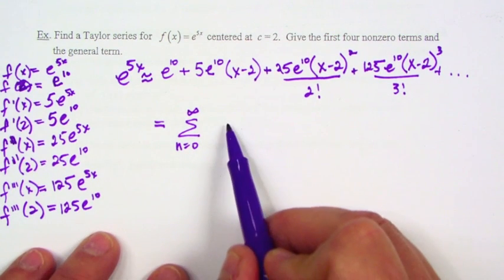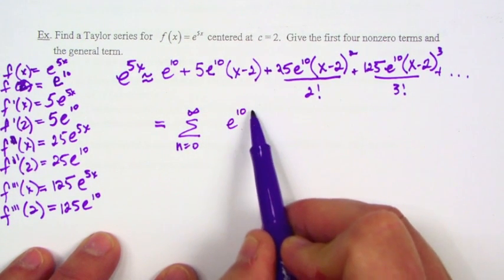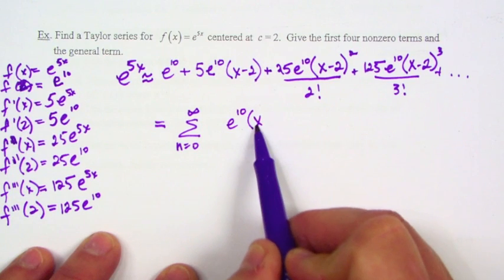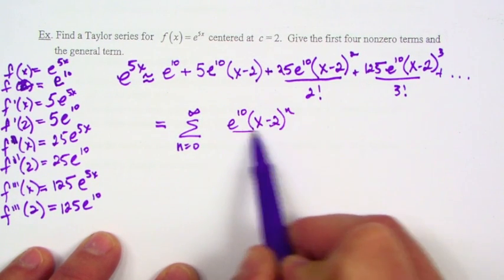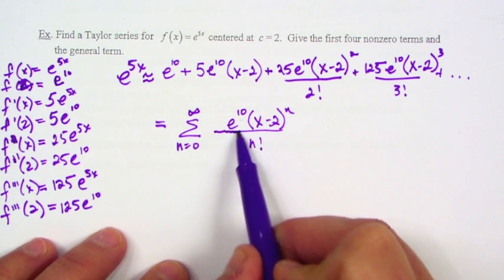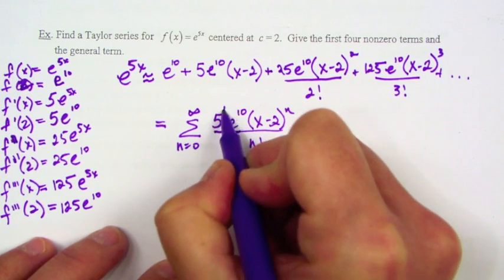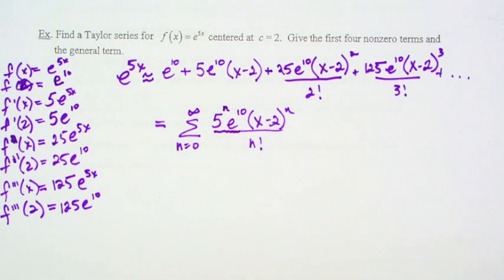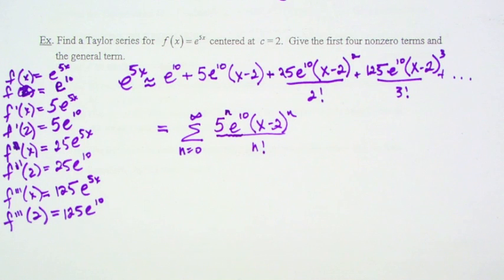There's an e to the 10th everywhere, and there's an x minus 2 to the n over n factorial, right? And then I got to take care of that 5, right? 5 to the n. Yeah, we started at 0.